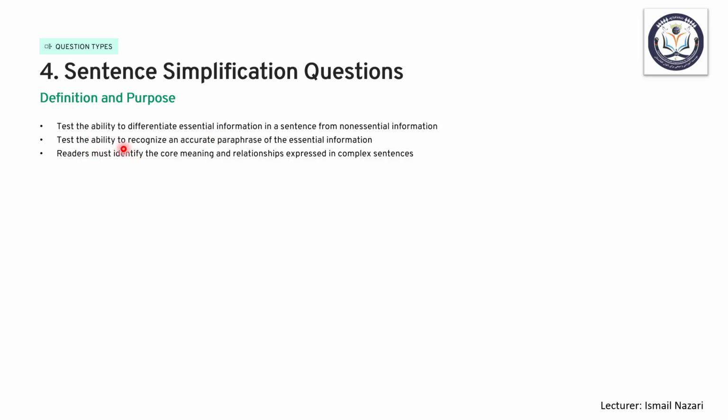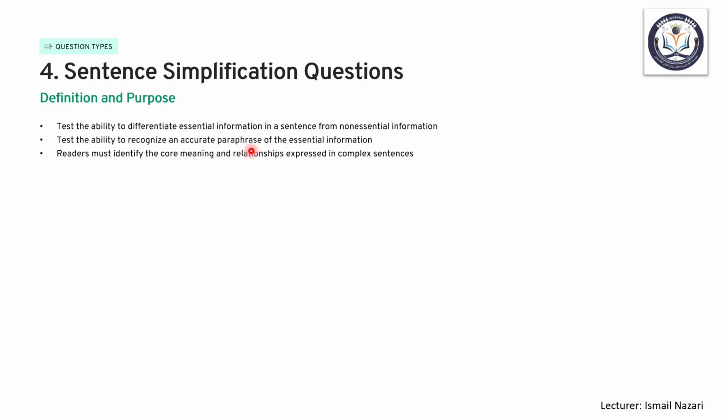It also tests our ability on recognizing the best or the accurate paraphrase of the essential information. We will have a highlighted sentence from the passage. Then we need to choose the one which best paraphrases that highlighted text.